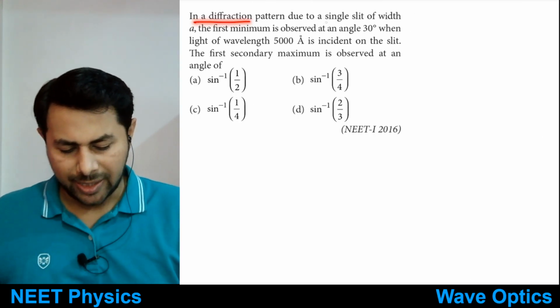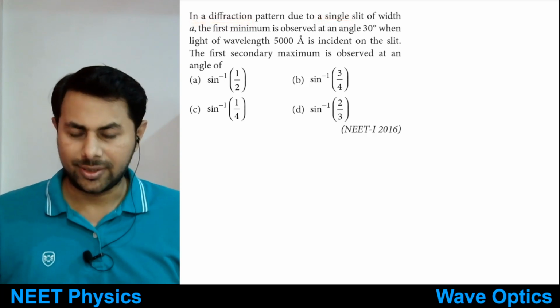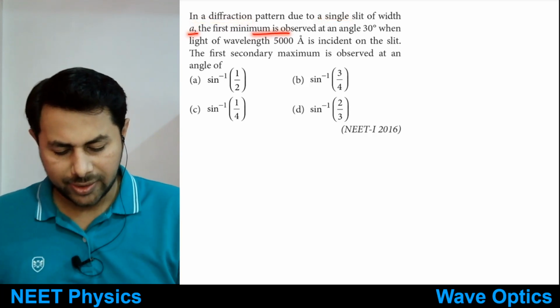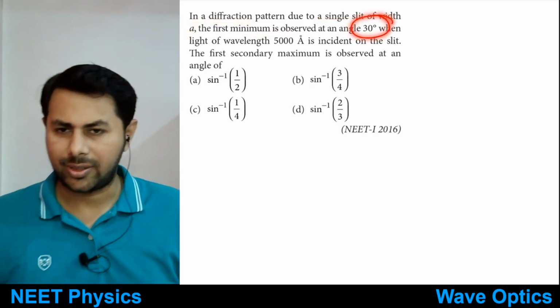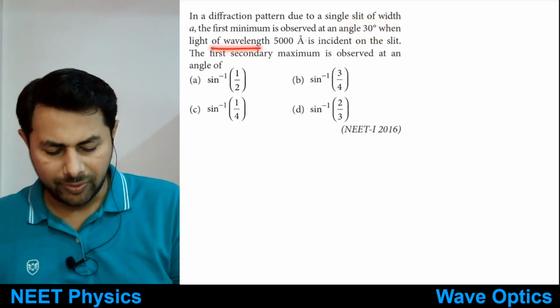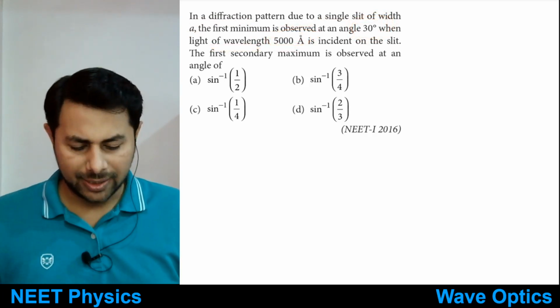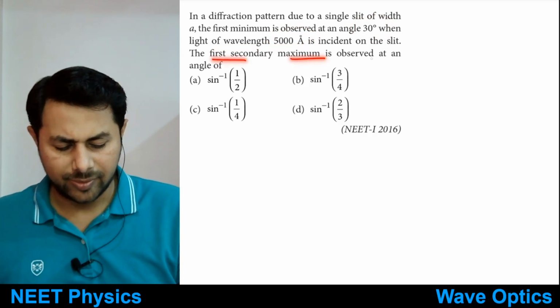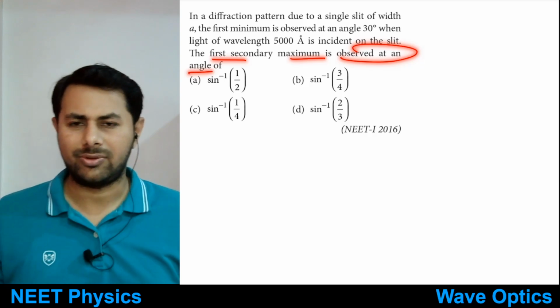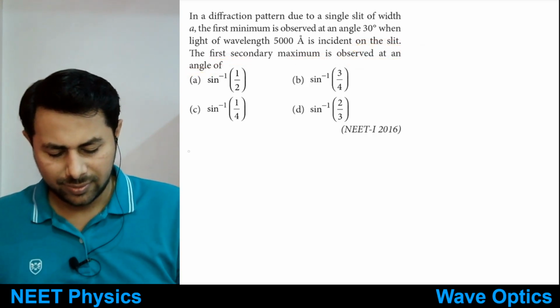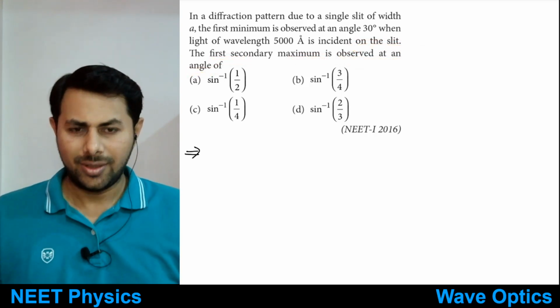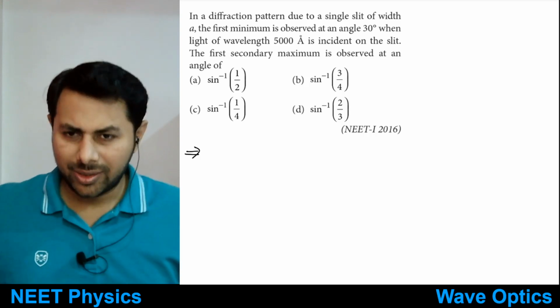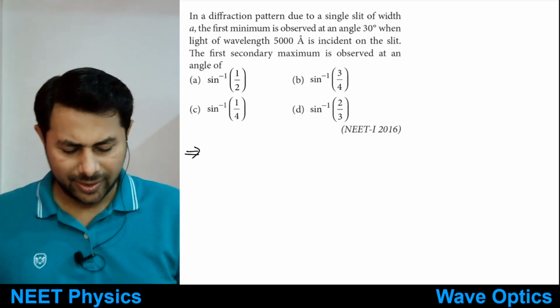In a diffraction pattern due to a single slit of width a, the first minimum is observed at an angle of 30 degrees when light of wavelength 5000 angstrom unit is incident on the slit. The first secondary maximum is observed at an angle of. This is the question. So tell me. Alright, so we have the condition for the path difference, right?